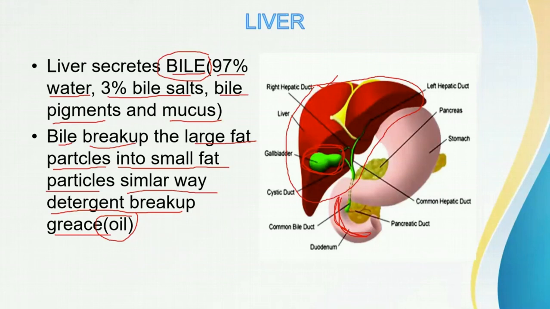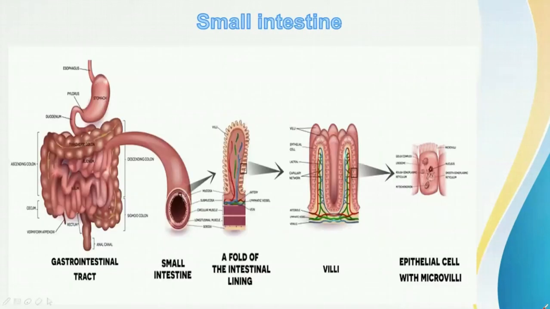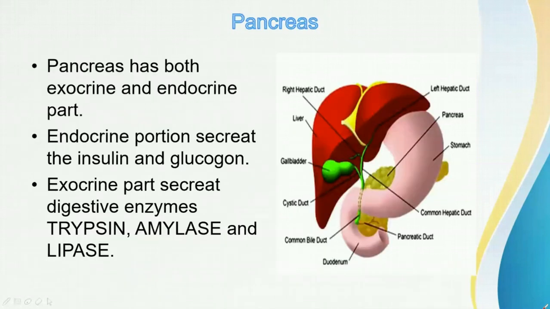Next, the second accessory organ, that is the pancreas. This pancreas is located behind your stomach.